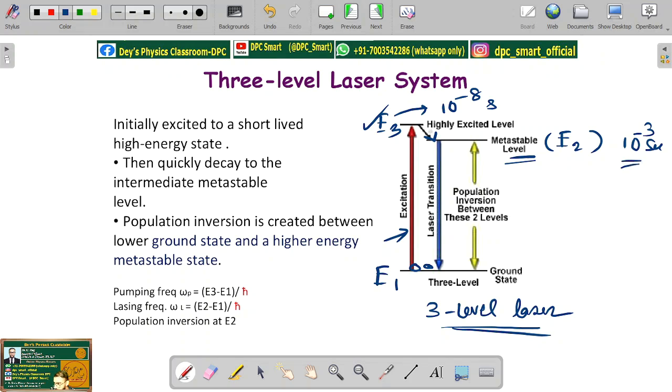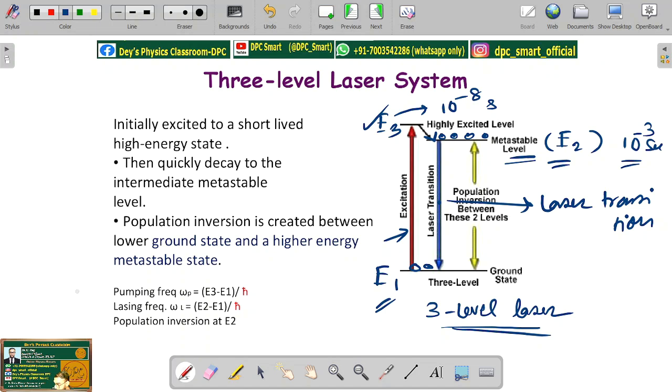So the atoms will reside here for a longer period of time, and population inversion will occur between levels E2 and E1. So from E2 to E1 the laser transition will take place. So this is the laser transition. The lasing energy levels would be from E2 to E1.